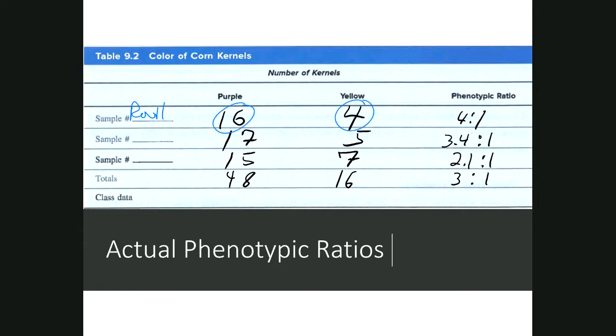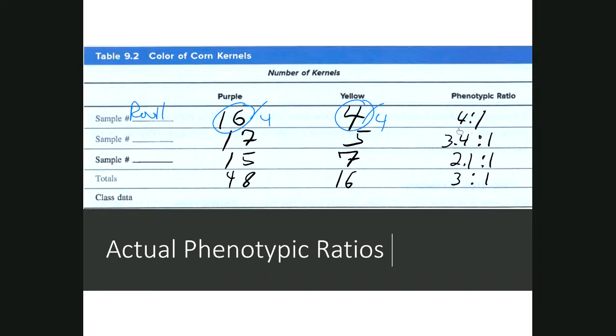And my actual phenotypic ratio for that particular row is 4-to-1. Basically, I just divide both numbers by 4, and I get 4 and 1 over here. So 4-to-1 ratio.